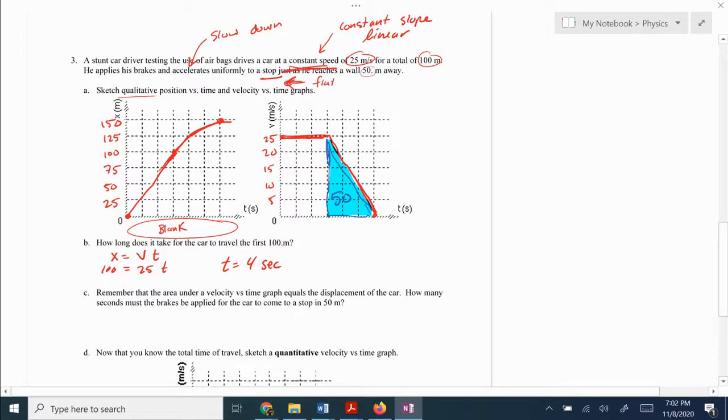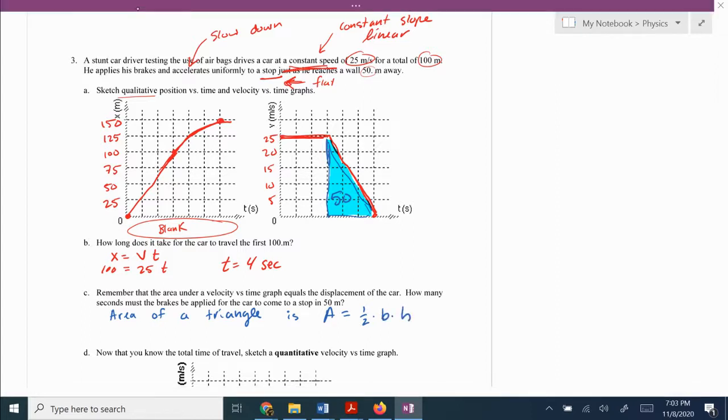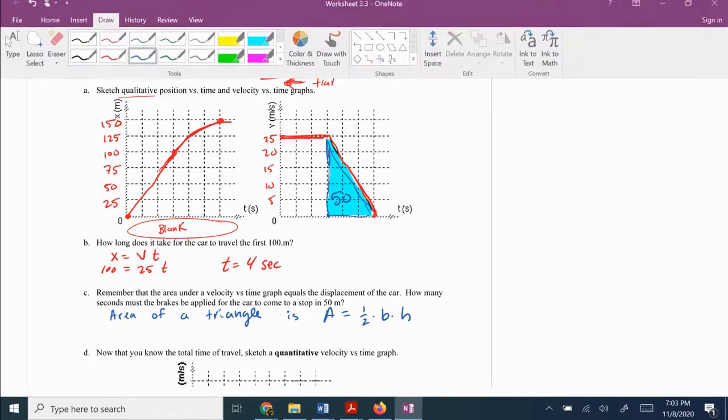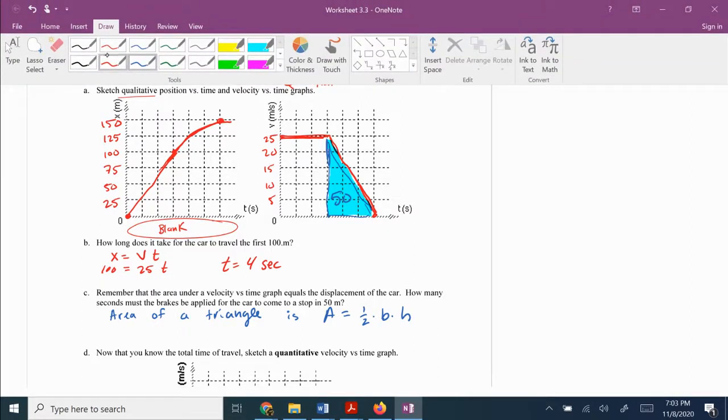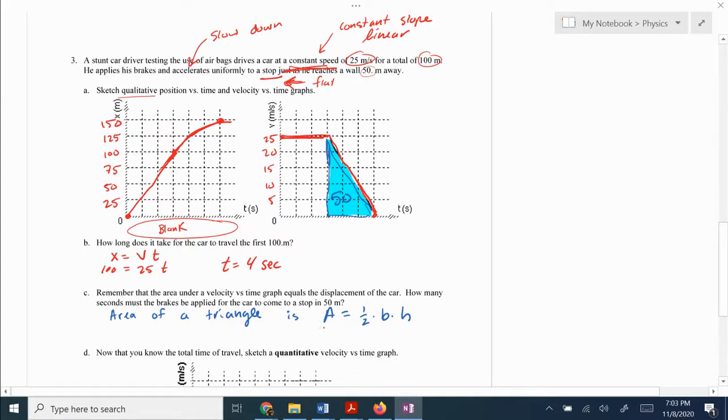50 meters. It's a triangle, so area of a triangle is 1/2 base times height. My area is my displacement, and my displacement is 50.